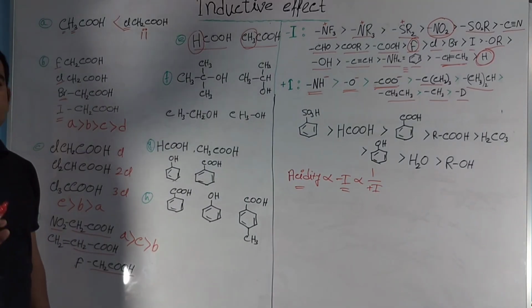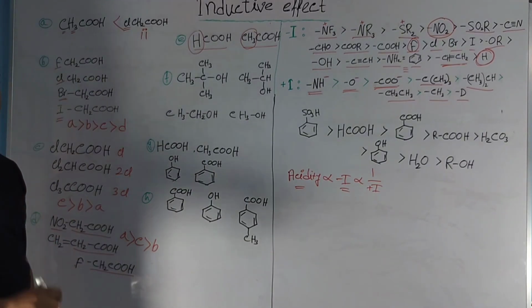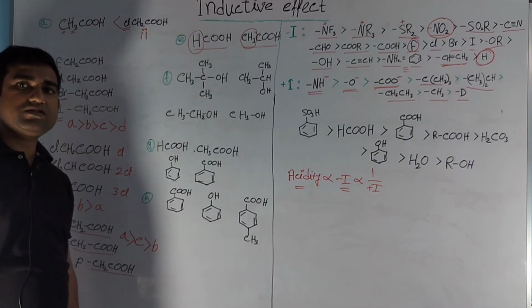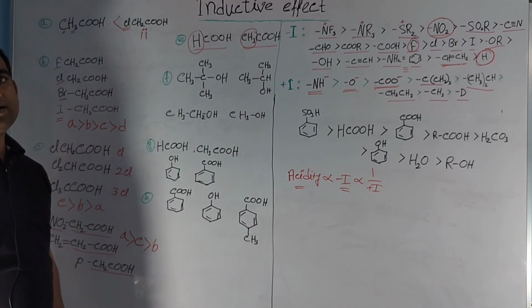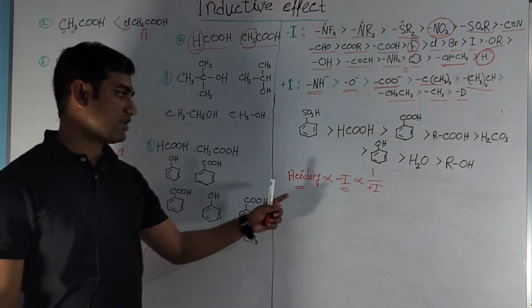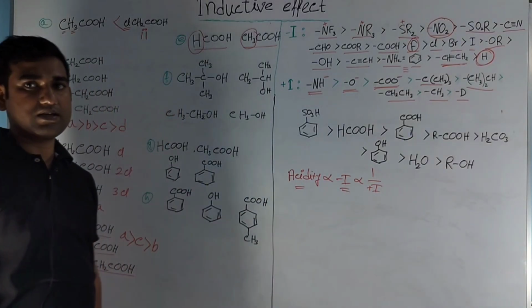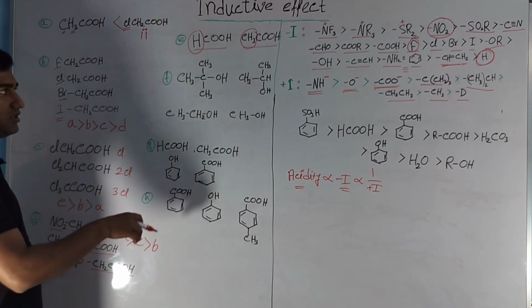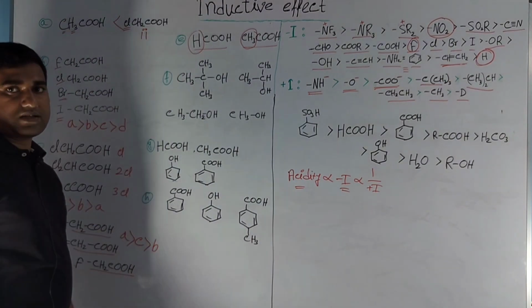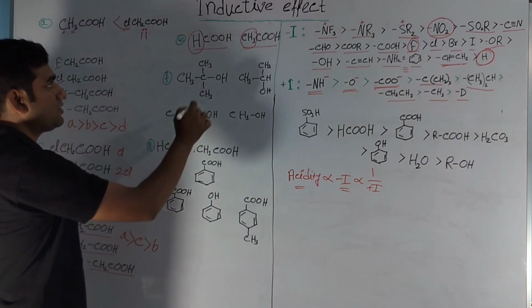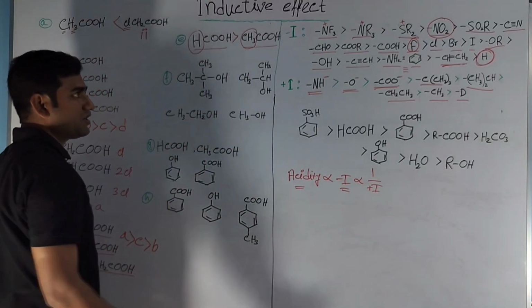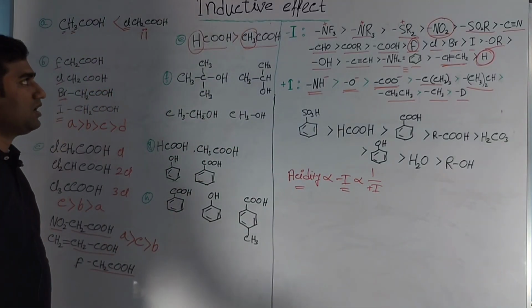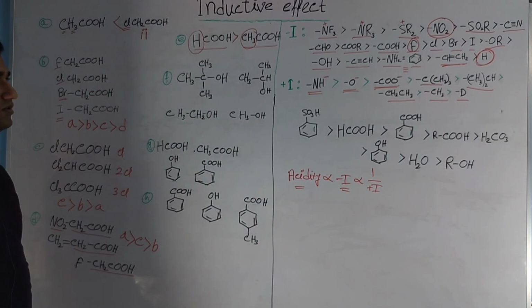Methyl group is an electron donating group, a plus I group. Plus I group present means acidity will decrease; acidity is inversely proportional to the plus I group, and hydrogen is the minus I group. So acidity is higher in formic acid, more acidic compared to acetic acid.